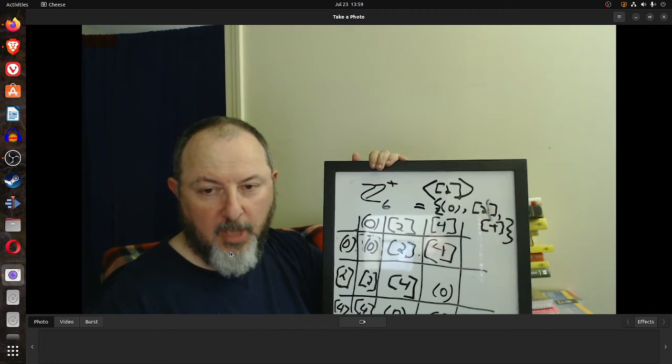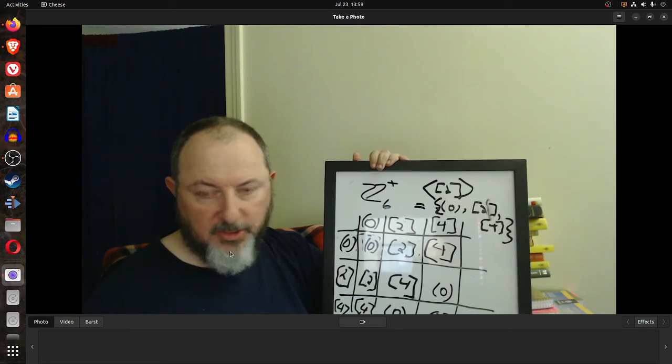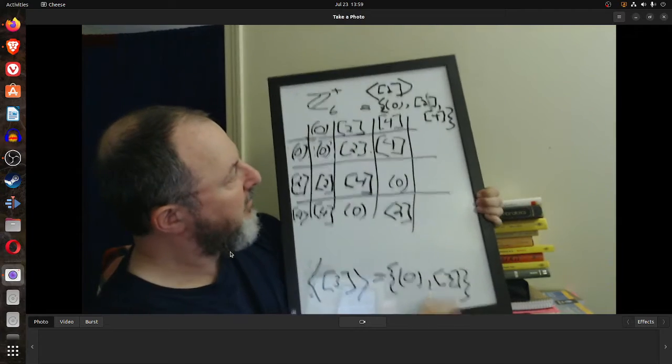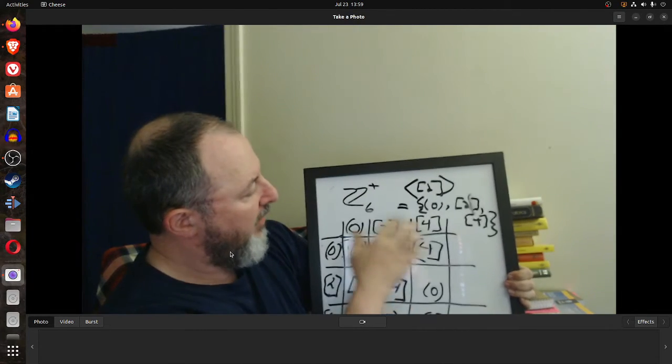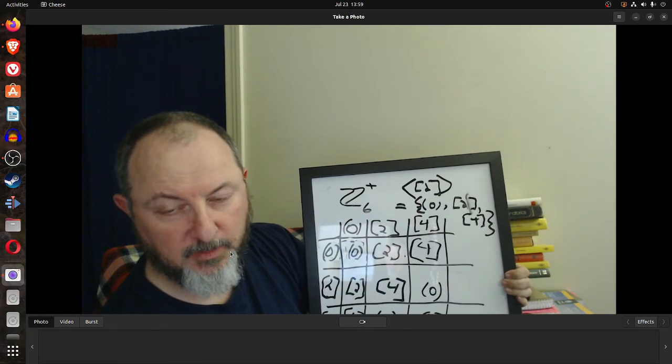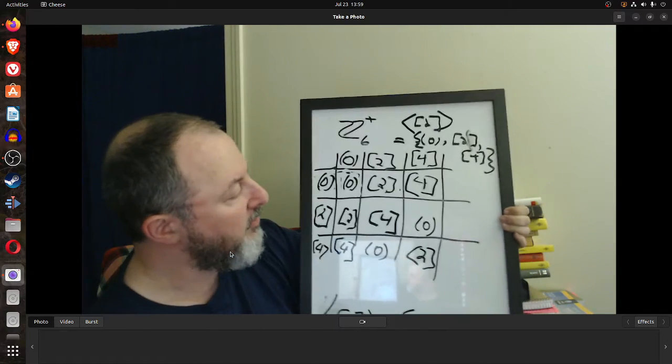So the subgroup generated by 3 has 2 elements, and the subgroup generated by 2 has 3 elements in Z sub 6. And that covers all the elements.